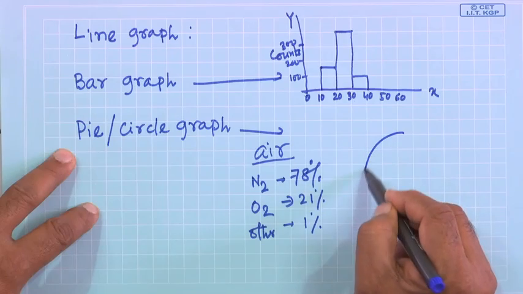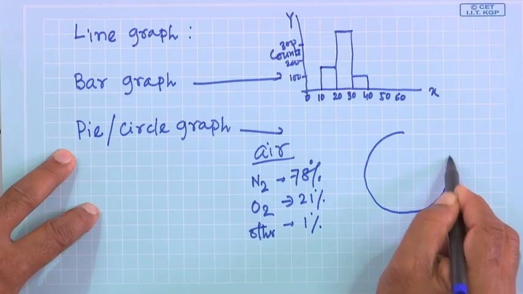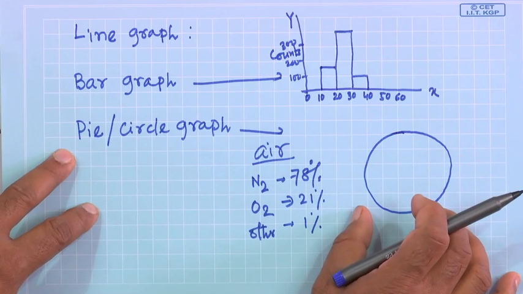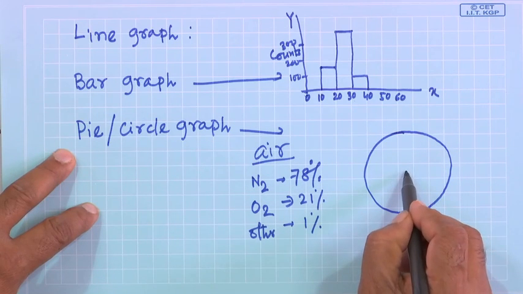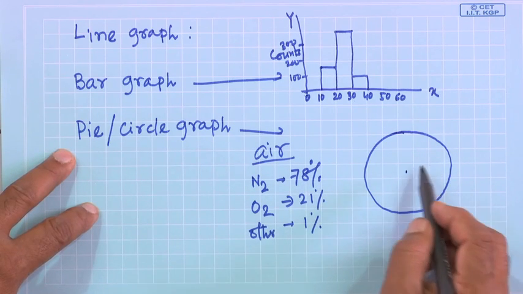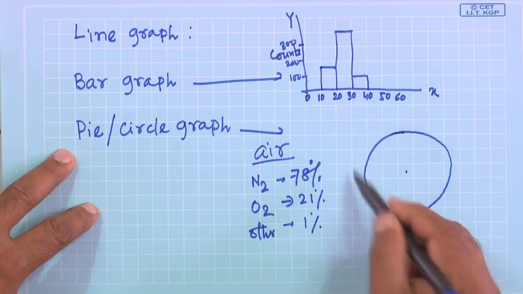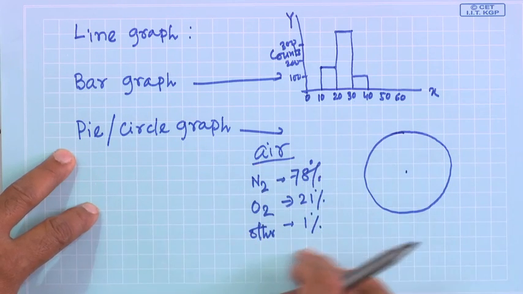So, if you want to represent that, this type of thing is easy to represent with a pie graph. Okay. That is basically a circle; you take a circle, this represents the whole area. Now, you are dividing the total area with these percentages.